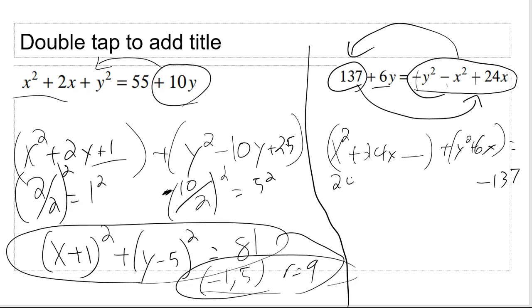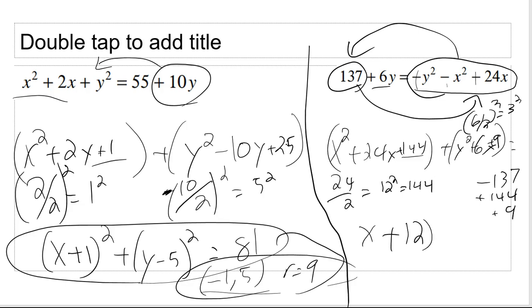So we're going to take 24 divided by 2 equals 12, squared equals 144. So it's 144 plus 144. This one's going to be 6 divided by 2, which is 3. And 3 squared is 9, so it's going to be plus 9, plus 9. So we're going to get right here x plus 12 squared plus y plus 3 squared.